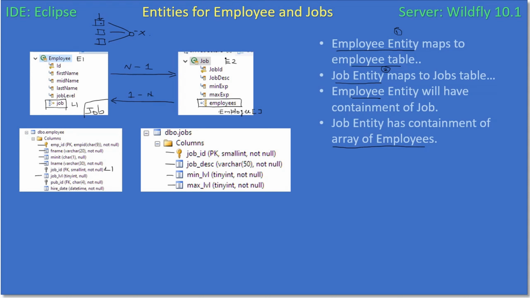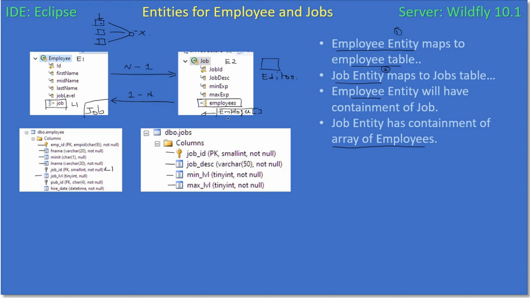So when the entity at runtime represents, say for example editor, that's the title, then through this containment array of employee, we will get all the employees who are performing the editor job.